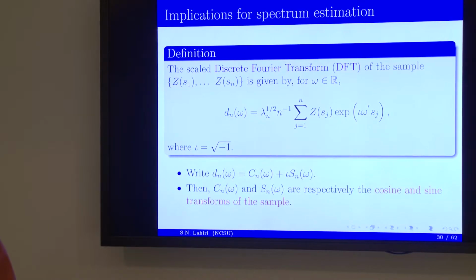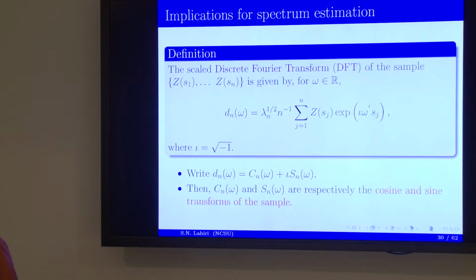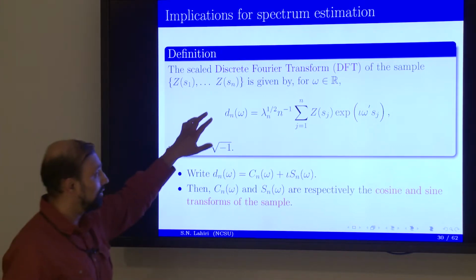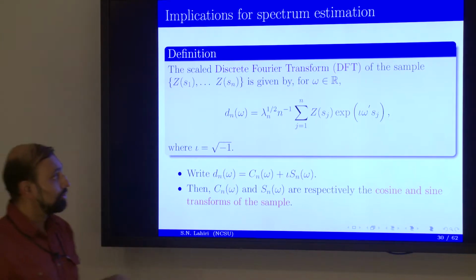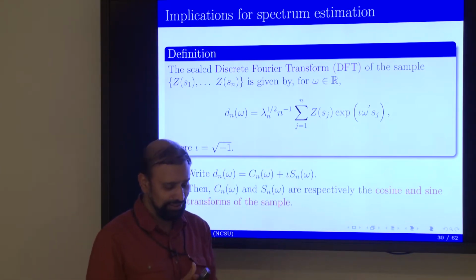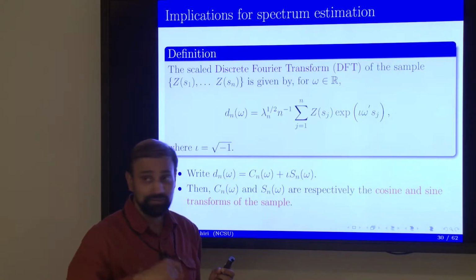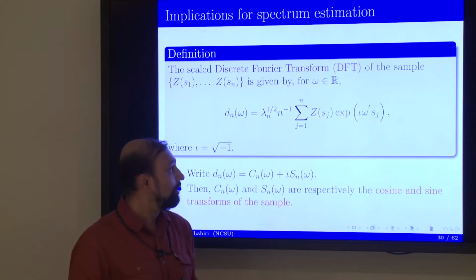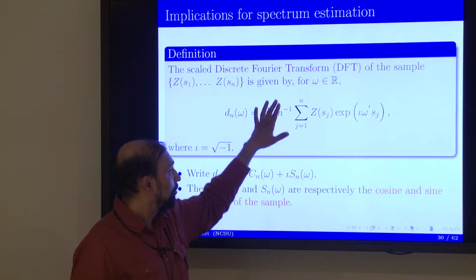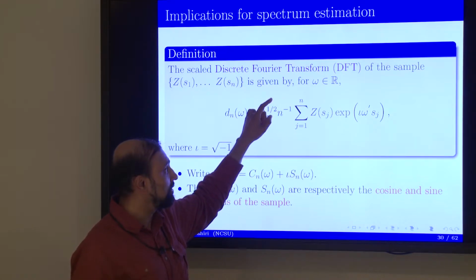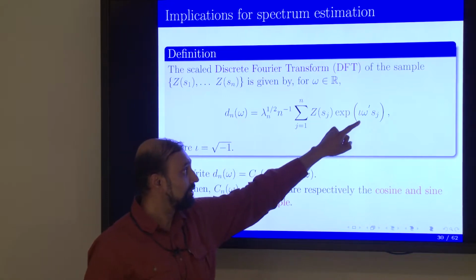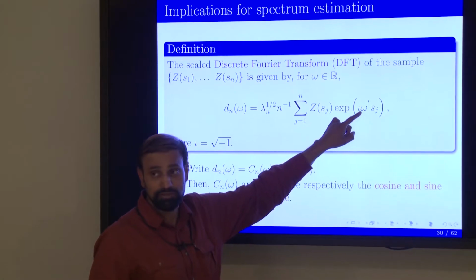Now, if we want to consider estimation of the second order structures, oftentimes you are going to work with the periodogram or the discrete Fourier transform. So these S j's are essentially unevenly spaced. We are going to follow or mimic the definition that appears in the regularly spaced data locations case.